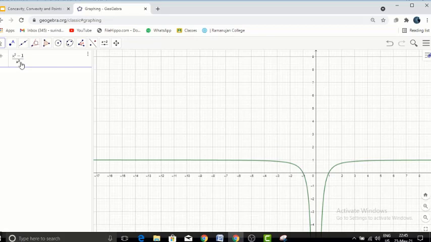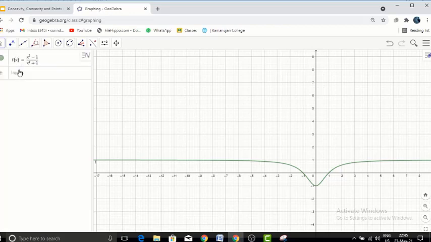So this is the function x square minus 1 over x square plus 1.